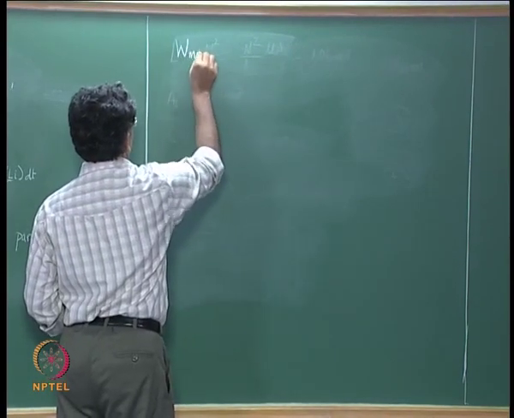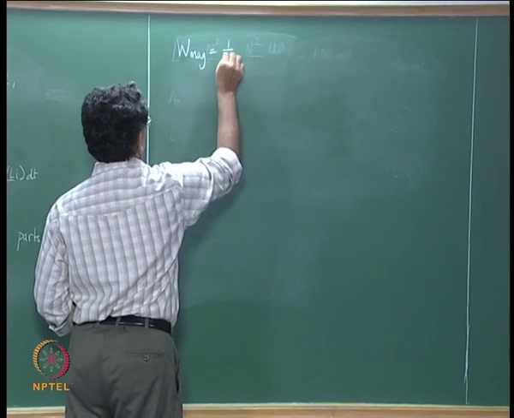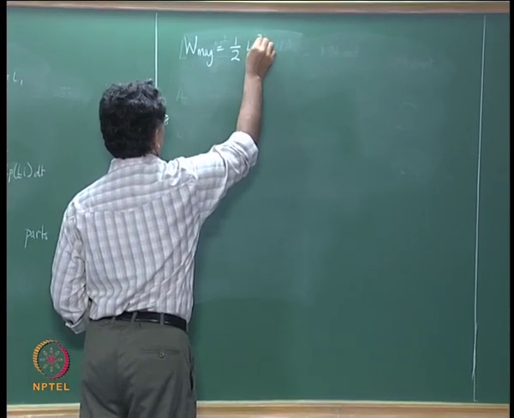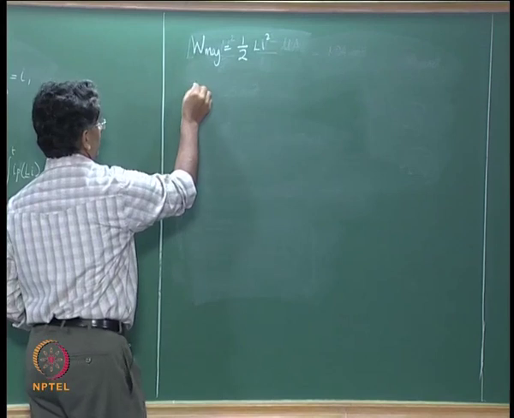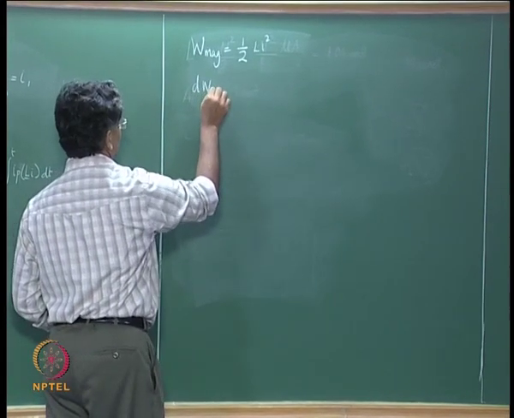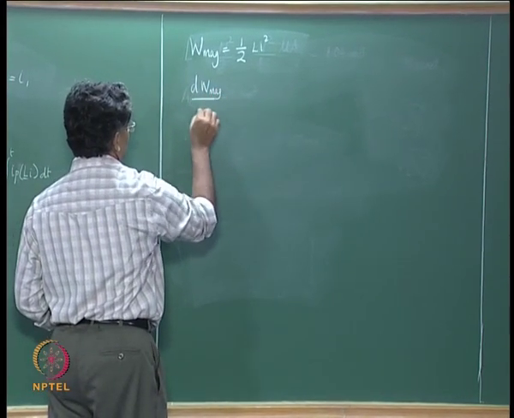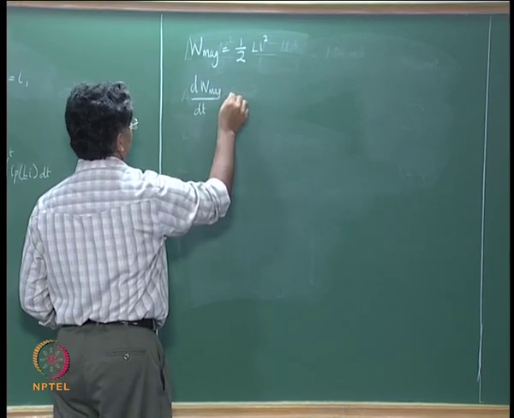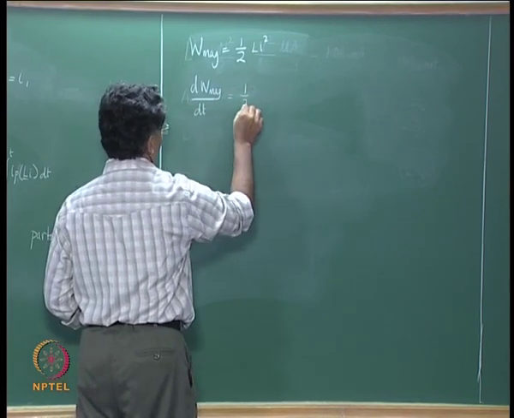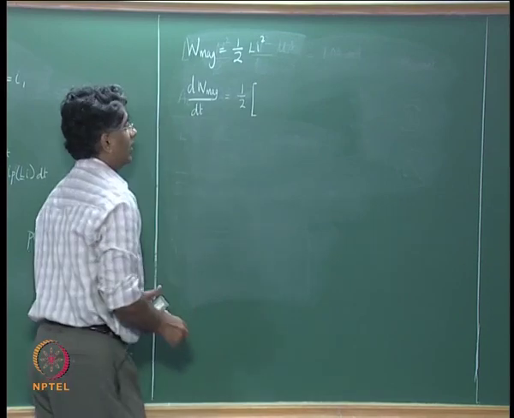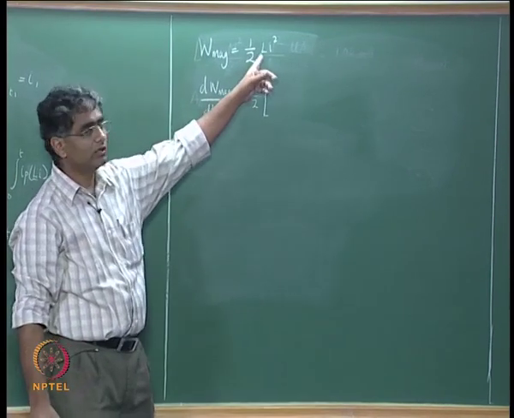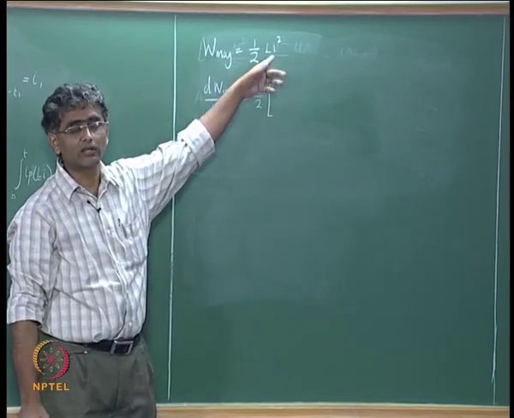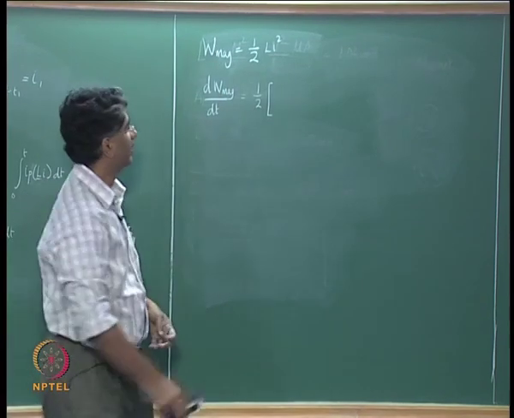W mag is half L I square. What we are looking at is dW mag by dt, which is half of, remember now L is not a fixed number, L can change with respect to time.